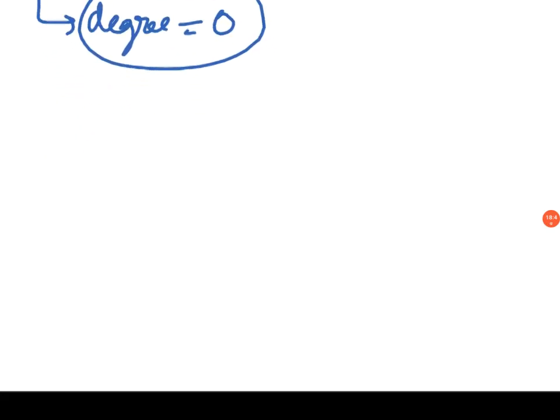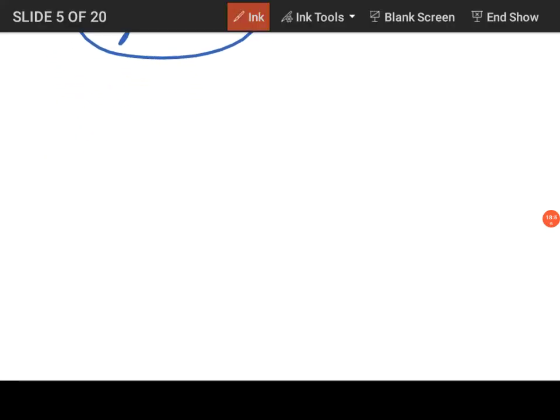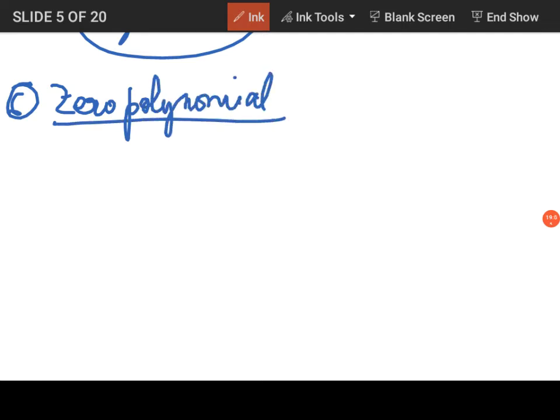Now comes the most interesting, the zero polynomial. What is the zero polynomial? The zero polynomial is nothing but zero. Now if you ask me what the degree of the zero polynomial is, it is undefined.